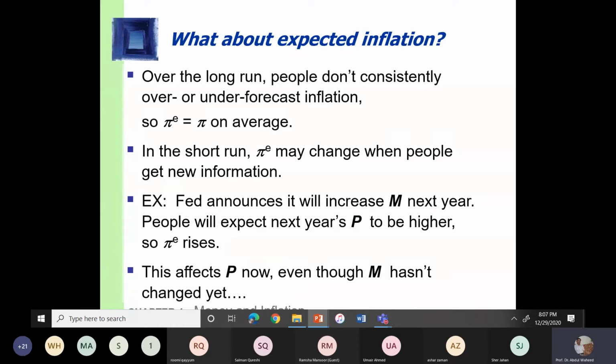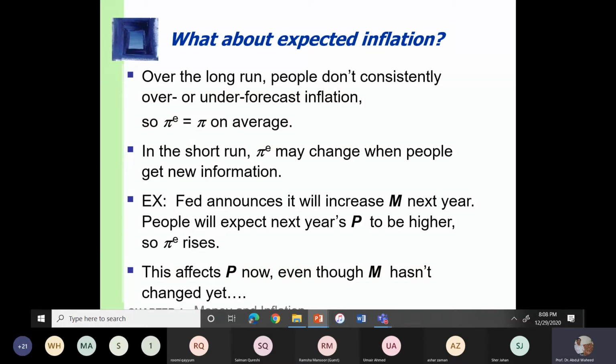So that's why central banks don't announce what their money supply growth rate will be, because as they announce it, people will change their expectations. If today the central bank says that in 2021 our money supply growth rate would be 15%, this means people will immediately change their expectation about inflation today, and they will expect that the future inflation rate would be 15%.